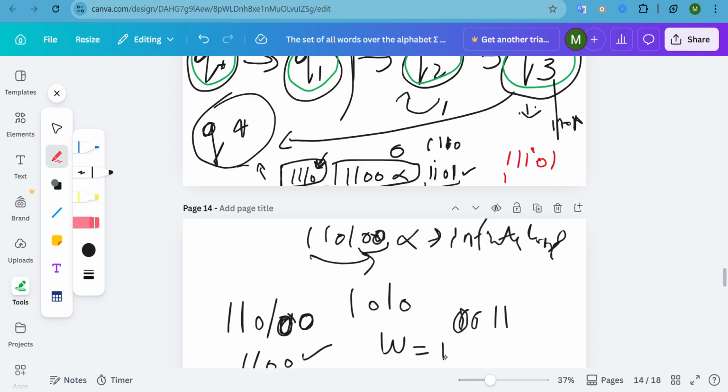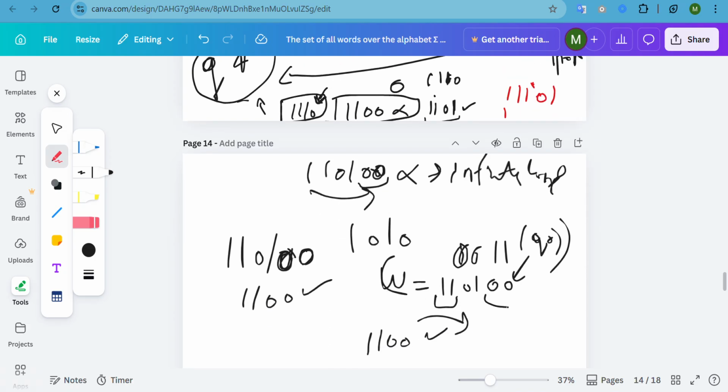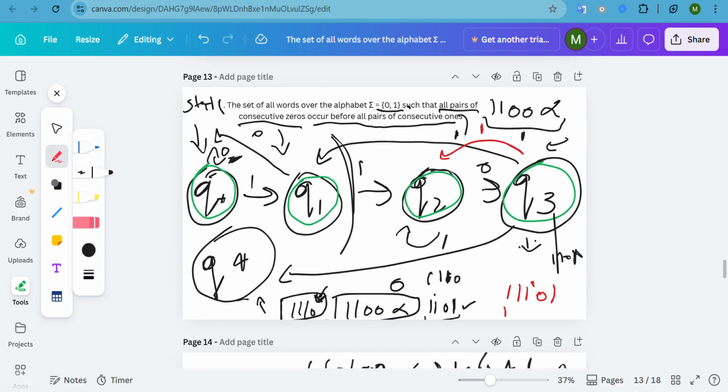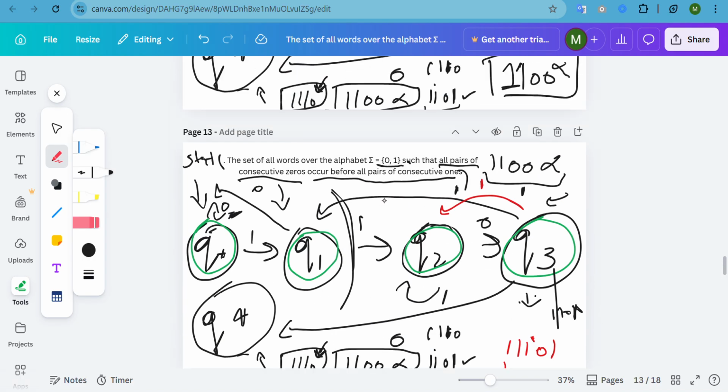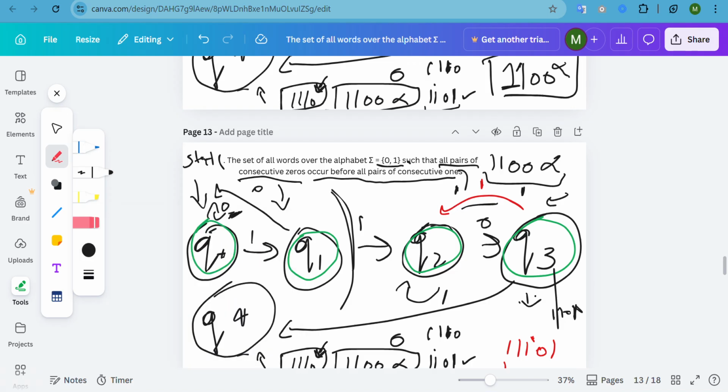The word can have 1 1 something here and then 0 0, because we have an infinite loop. We allow an infinite loop in Q0. If that happens, then we basically broke the rule that after 1 1 there should be no pair of consecutive zeros if we do the black one. That's why we have to remove the black one and do the red one. That's the right solution, the red arrow. That's the difference.